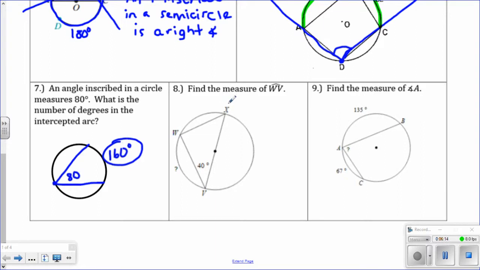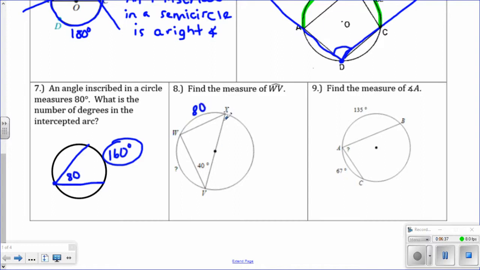Okay, a couple more. Find the measure of arc WV. Okay, here's WV. Well, there's a couple ways you can do this, actually. One thing you can do is, I see that this angle V is an inscribed angle. So this 40 degrees is half of the intercepted arc, so it'd be half of WX. So really I have to double it, so this arc is 80 degrees right here.